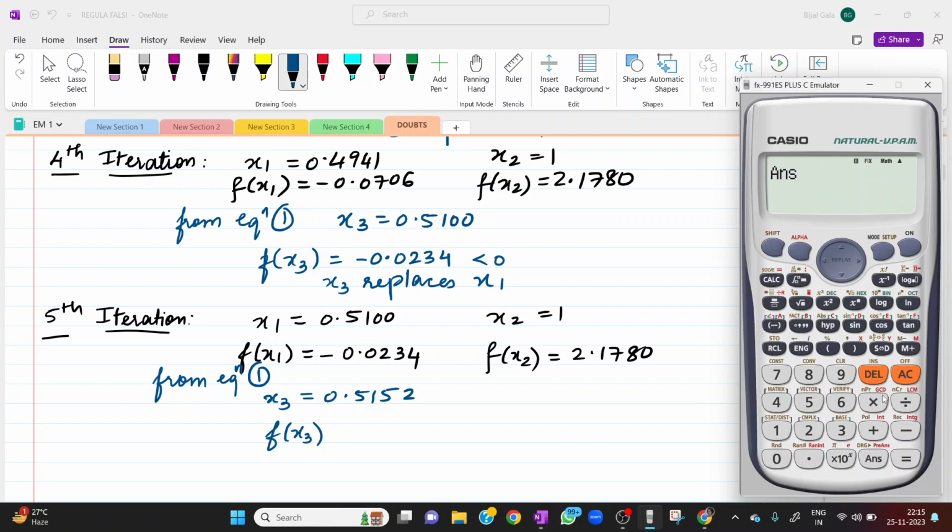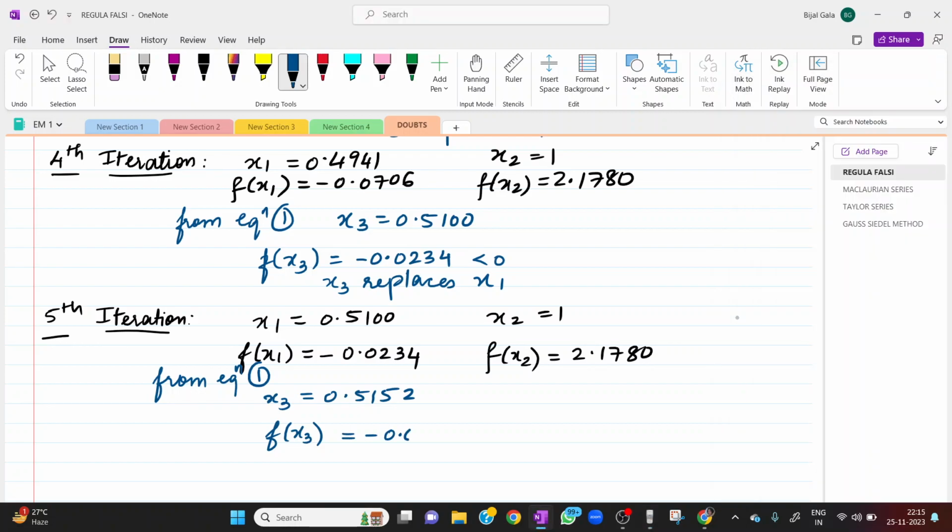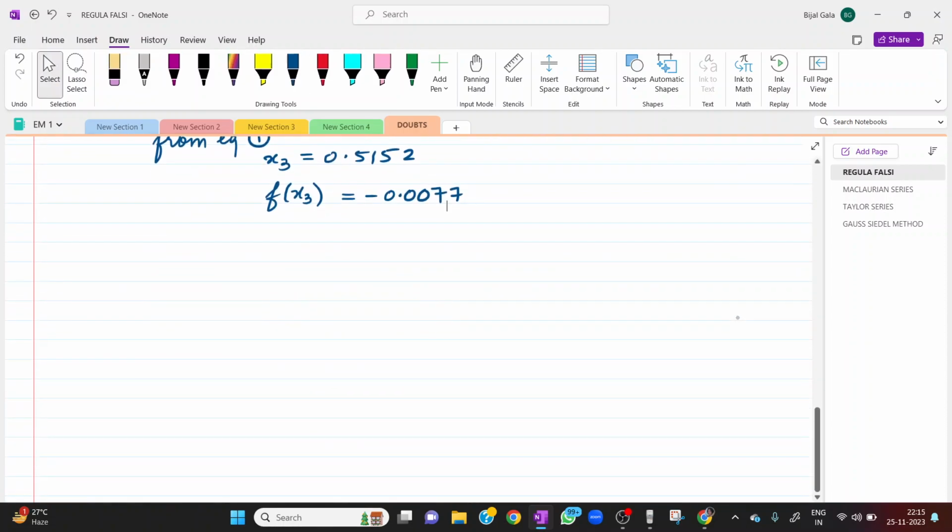So answer into e raised to the answer minus cos of the answer. So that's negative 0.0077. Again, negative value. So x3 replaces x1.